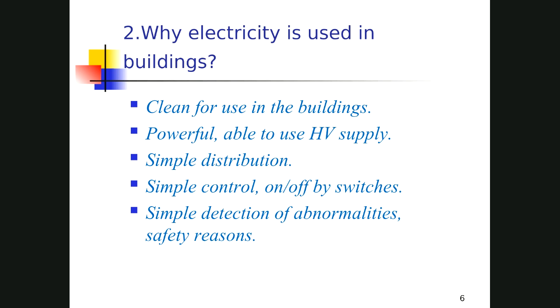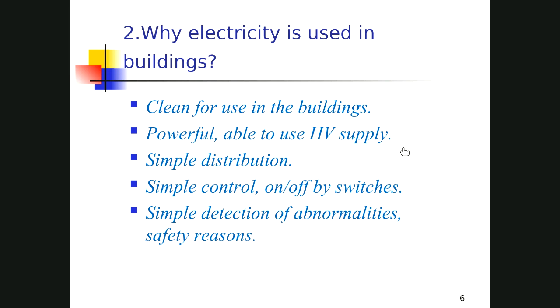It does not produce carbon dioxide, waste or pollutants. The second point is that electricity is powerful. It can be distributed in high voltage supplies, not just in low voltage.